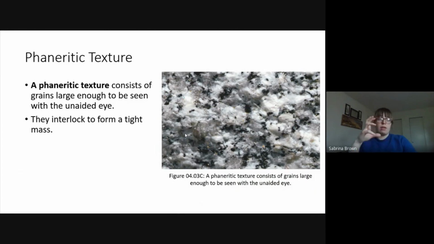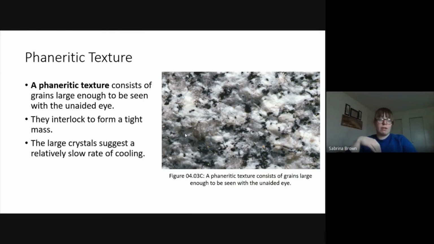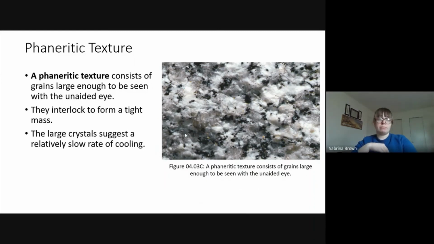They interlock and form a tight mass of rock. Granite, for example: all the crystals you can see in your granite countertops are an example of phaneritic texture. Remember that large crystals are related to relatively slow cooling rates.